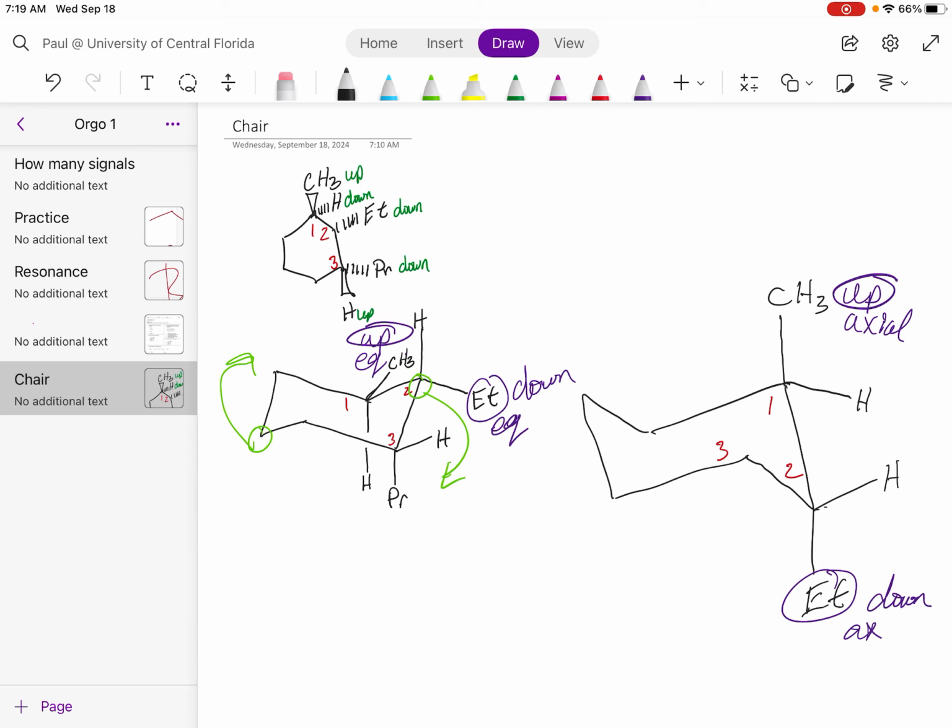Carbon 3, we have a bond that goes straight up, that's axial, and then an equatorial bond that goes like that. Carbon 3 here, that is axial, and it's down. And so the propyl group has to now become equatorial because those flip. So now we have the equatorial propyl group, and we can see that it is still down. That equatorial position is pointing down with respect to carbon 3.